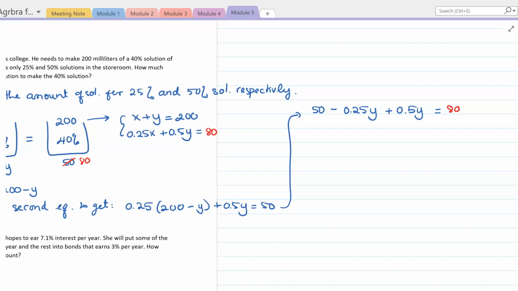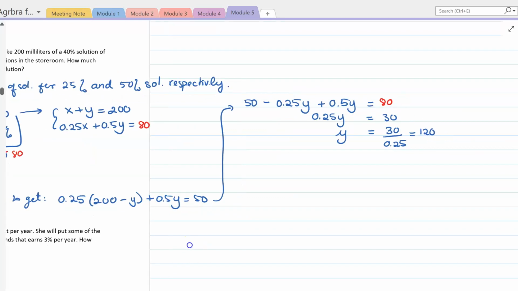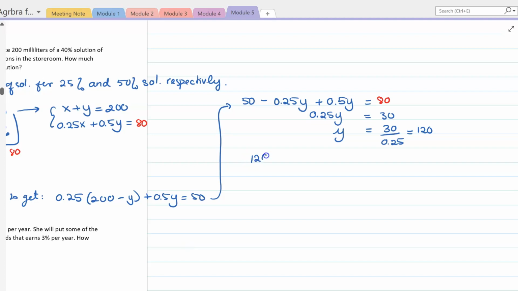Okay, so we solve for y. So here we have 120 milliliters of the 50% solution. And 80 milliliters of the 25% solution.